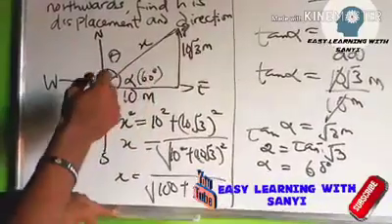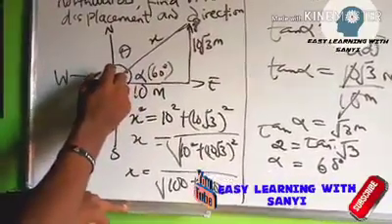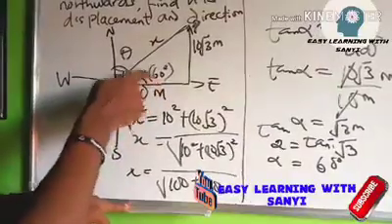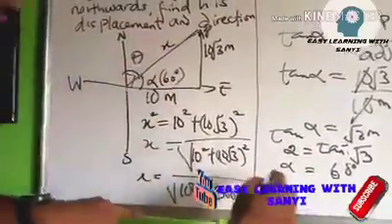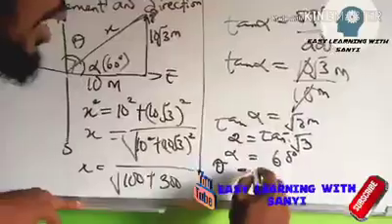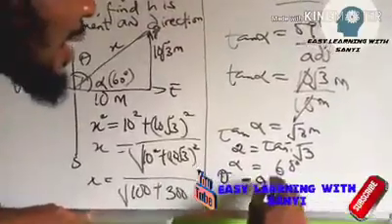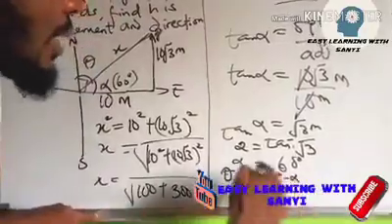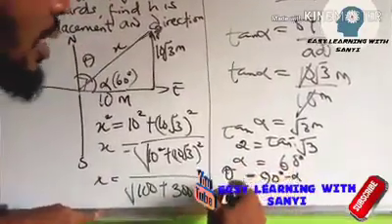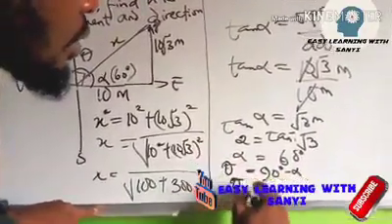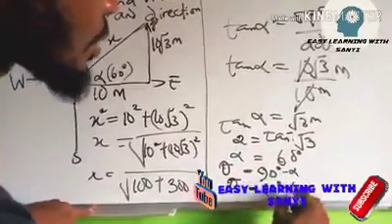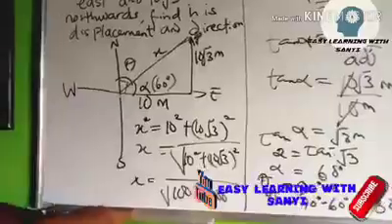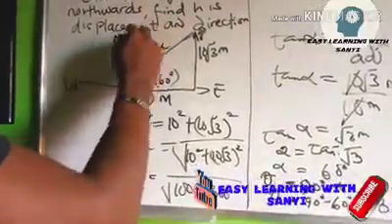Now to find angle theta, we know that this is an angle of 90 degrees. So theta will be 90 degrees minus alpha. Alpha is 60 degrees, so theta is 90 degrees minus 60 degrees, which equals 30 degrees.